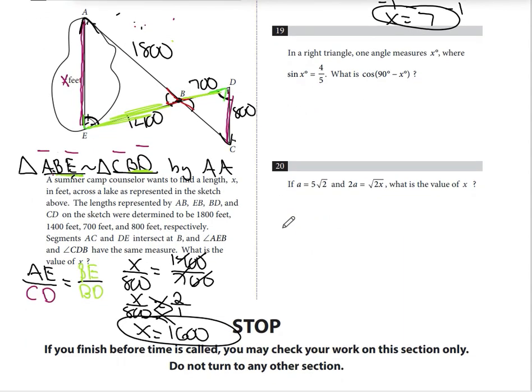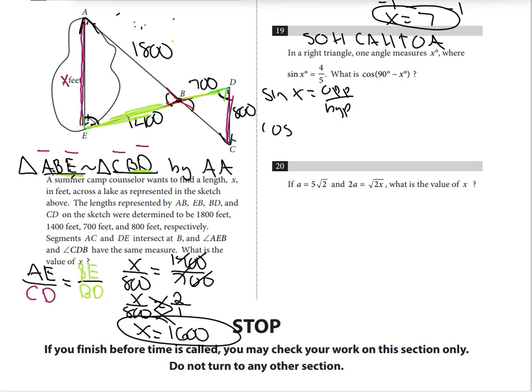In a right triangle, one angle measures x, where sine of x equals 4/5. What is the cosine of 90 minus x? So let's think of our sine, cosine, and tangent. We know SOHCAHTOA, sine is opposite over hypotenuse, so sine of x is opposite over hypotenuse.